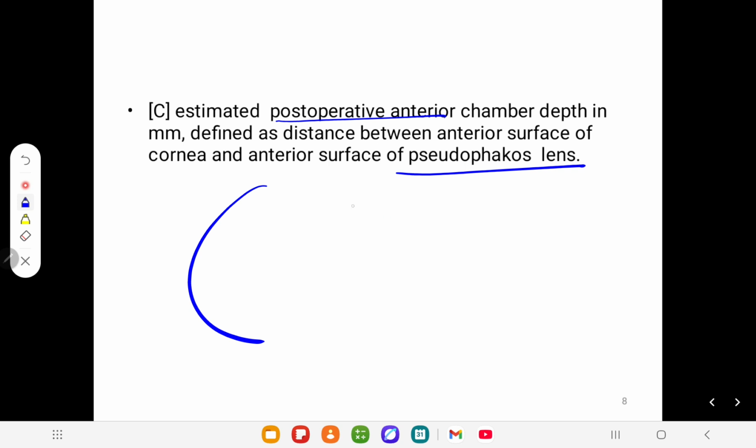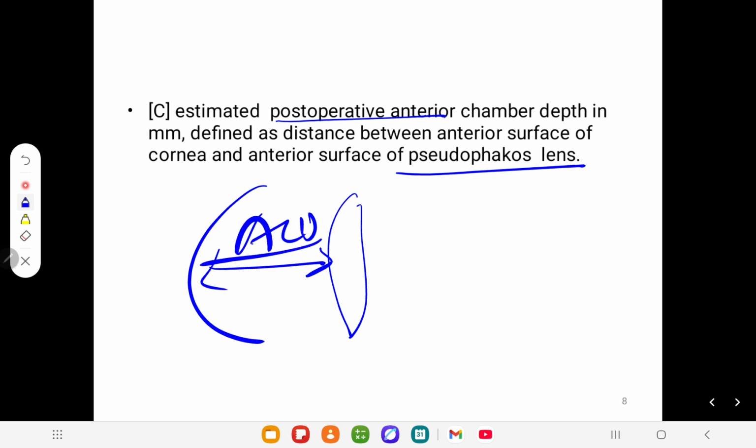So whenever you remove this lens and you put a fine thin lens, the distance, the ACD, actually increases, isn't it? So the pre-calculated ACD and the post-surgery ACD definitely increase. Yes, almost always. But if the distance increases, what happens there? So it matters, isn't it?